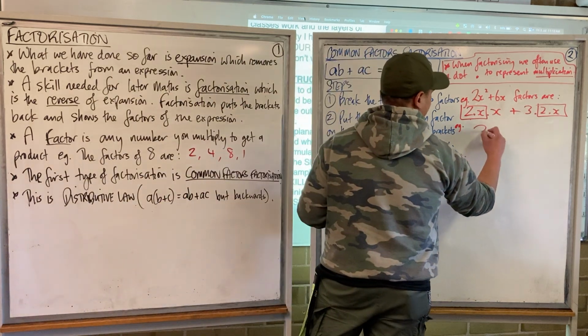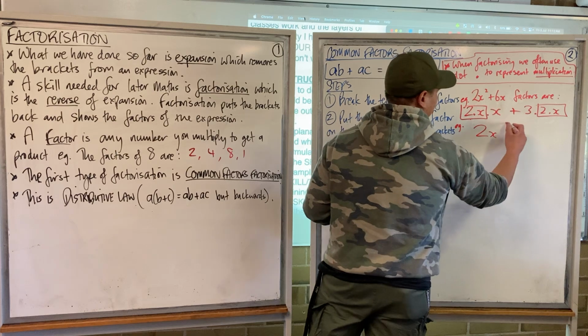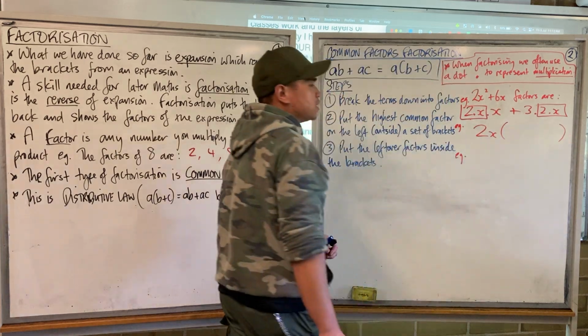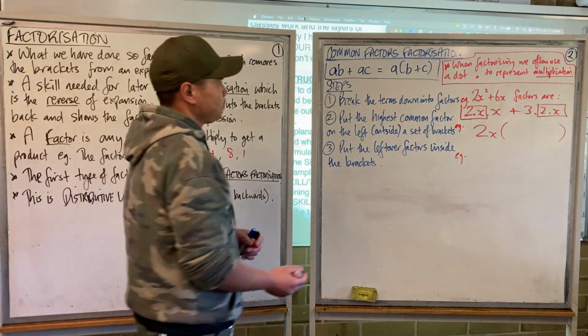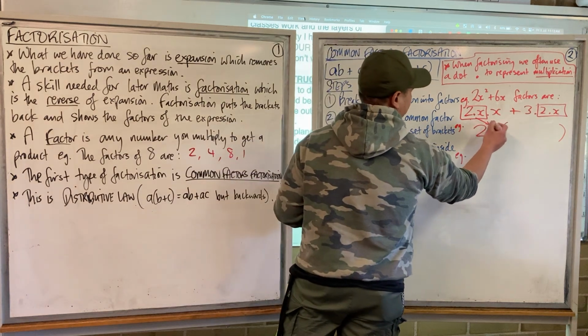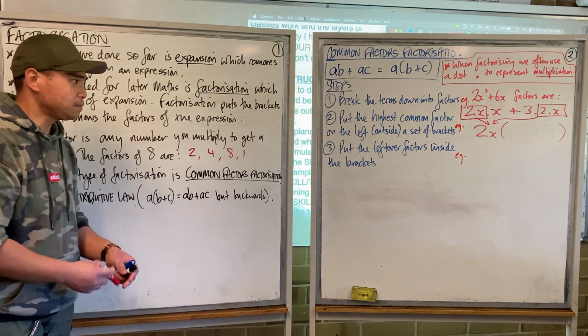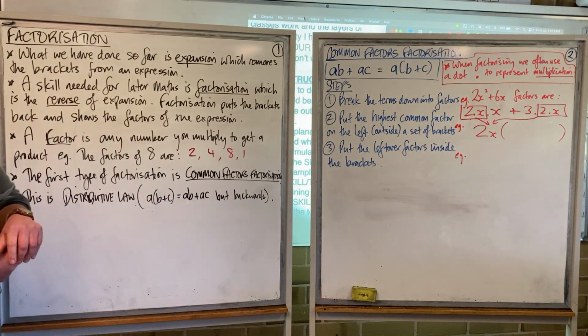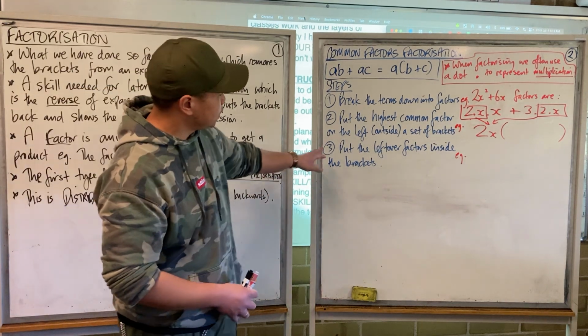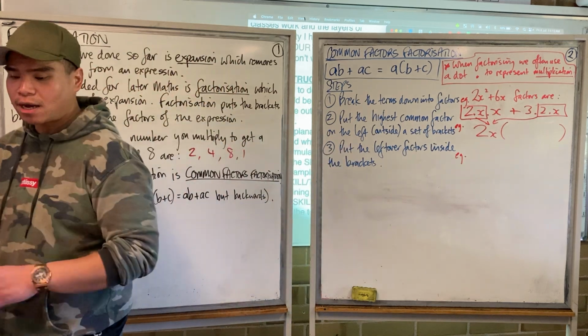So I'll go 2x was the highest common factor, and I'll just have a set of brackets empty here. Okay? Where did the 2x come from? It was the highest common thing in both. So a minute or so, can you get the step 2 down and then the example in red?